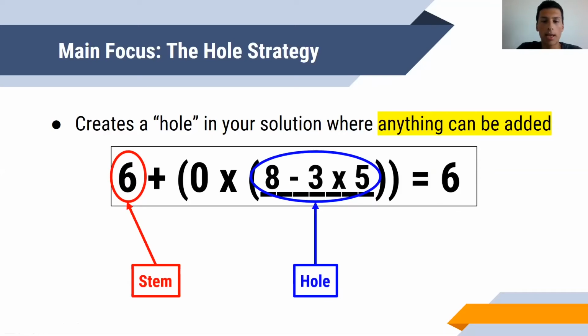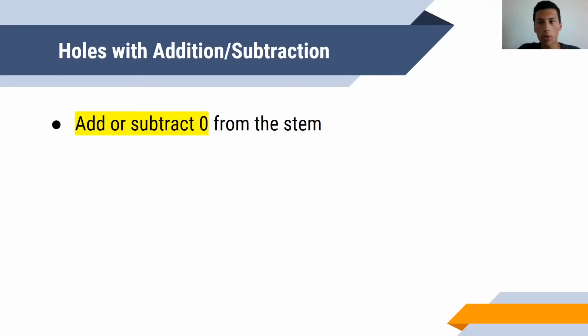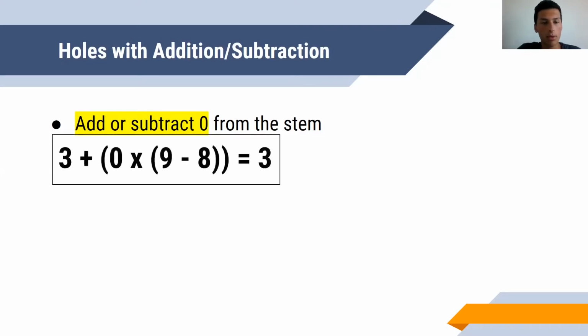If I chose to add 8 minus 3 times 5, 0 times that, no matter what it is, would keep that at 0, and 6 plus 0 is 6. So when we have holes with addition and subtraction, our main goal is to add or subtract 0 from the stem. For example, this solution is 3 plus, in parentheses, 0 times, in parentheses, 9 minus 8, parentheses closed. 9 minus 8 is 1, and 0 times anything is 0.